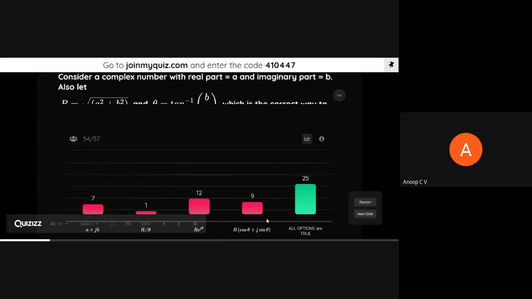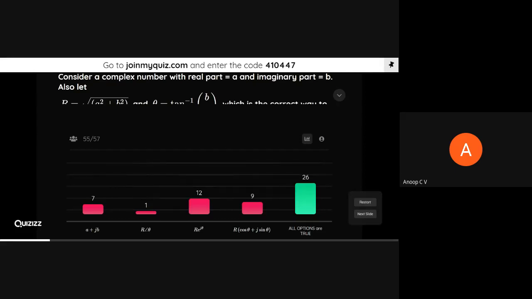It's not a wrong answer, but we can represent a complex number in Cartesian form as a plus jb, where j is the square root of minus unity. That is one way of representing, the Cartesian form. Or else in polar form, I can represent it as r angle theta. That is also correct. Another way of representing in polar form is r e power j theta, where r is the magnitude and theta is the phase.